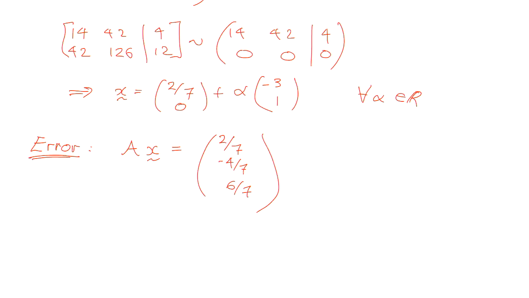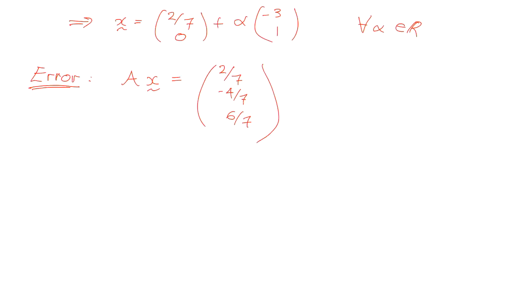So when you hit this thing with A, that piece that's being multiplied by alpha disappears anyway. So this is why we don't get some kind of contradiction here, having infinitely many solutions, because all these x's give the same AX.